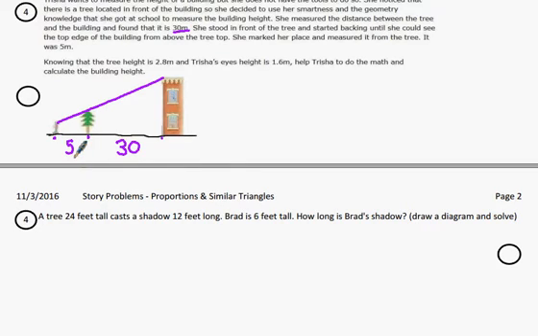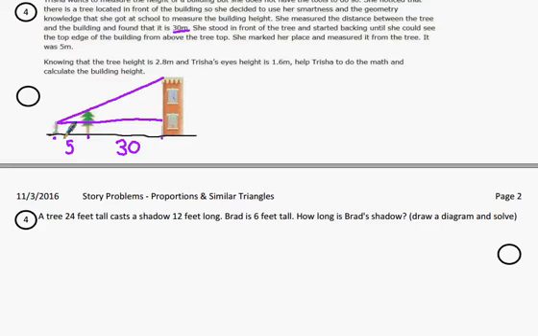I need to form triangles here, and I am going to start my triangle. I'm going to draw a horizontal line at Trisha's eye level, not at the ground level, because everything is measured from the point that she is looking, so her eye level, which complicates things a little bit.